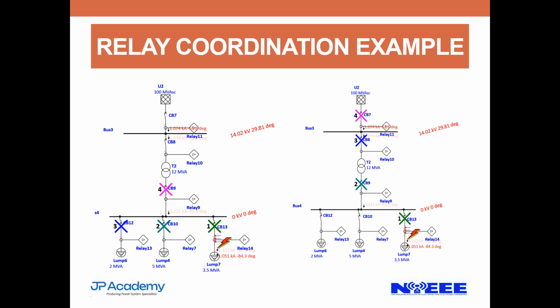But can I just add something, please? Yes, you can. So for the first diagram, you can see the breaker CB9, which is lighted in orange color. So that means that the bus bar is still operating. Only the feeders with lump loads 5, 4, and 7 are not operating at this point.